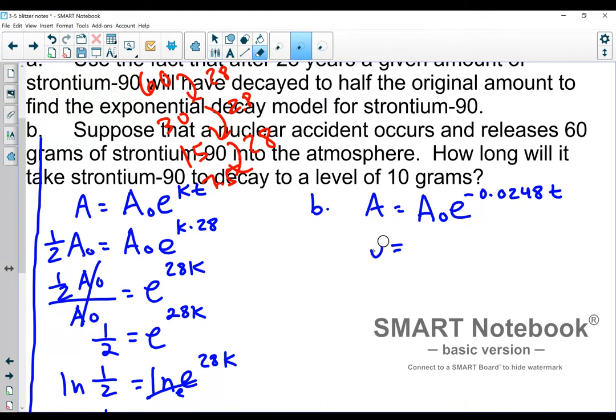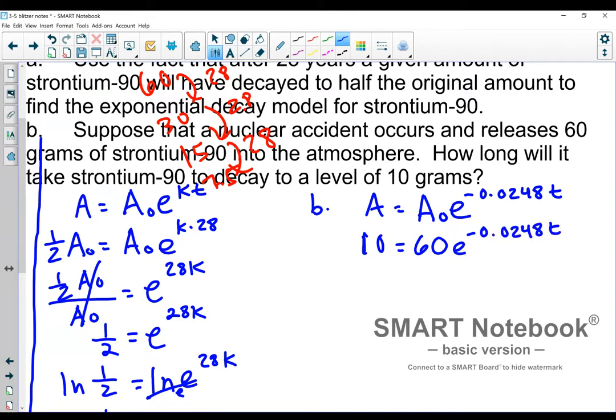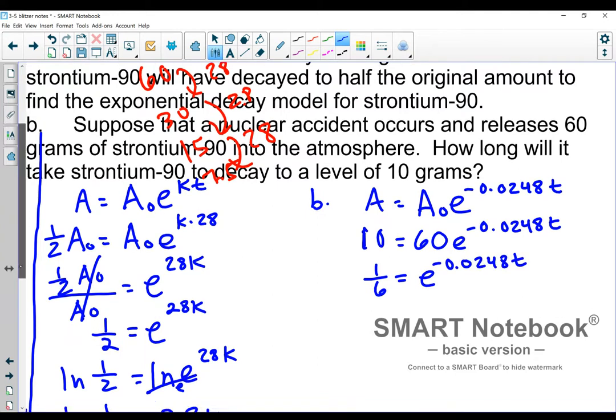So, I almost did this backwards. We're not looking to have 60 left, are we? Just because 60 is bigger doesn't mean it goes there. So we're looking to have 10 grams left, and our initial amount was 60. Remember, we're decaying. So I have 10 equals 60 times e to the negative 0.0248t power. So I'm going to divide both sides by 60. So I have 1/6 essentially. And same steps as the last time.